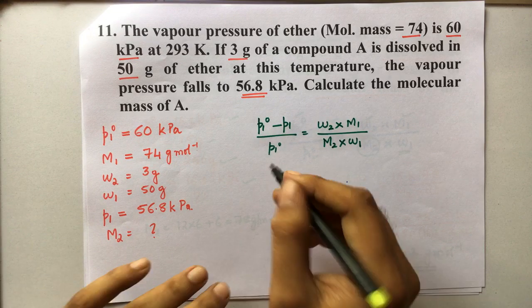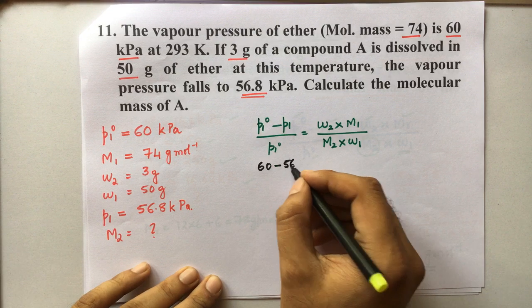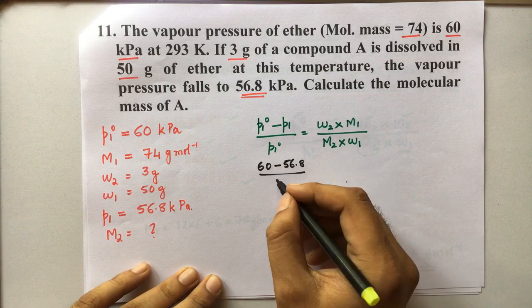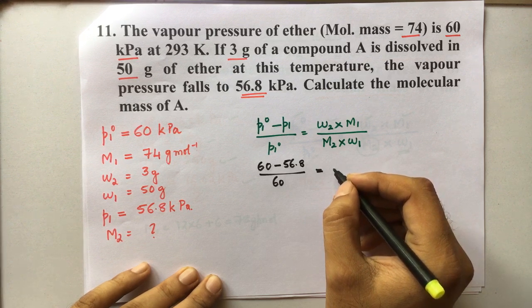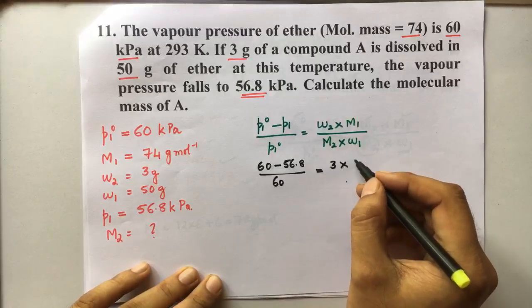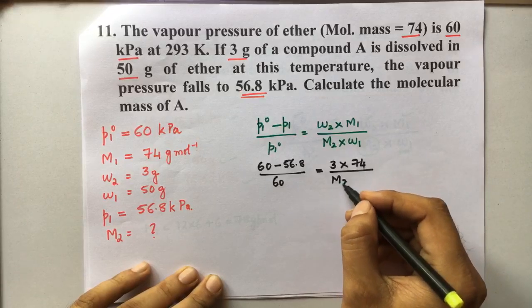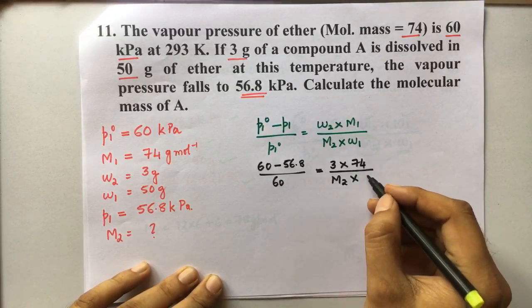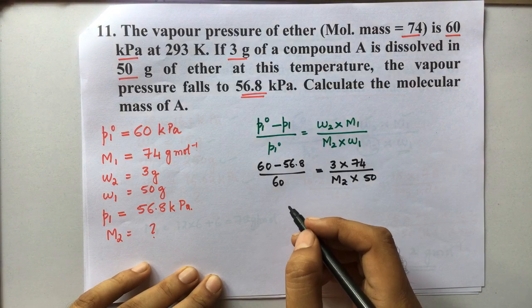P1 naught is known, 60, minus P1, 56.8, divided by P1 naught, 60. This is equal to W2, 3 grams, multiplied by M1, 74, divided by M2, which has to be calculated, multiplied by W1, known as 50. You have to solve for this.